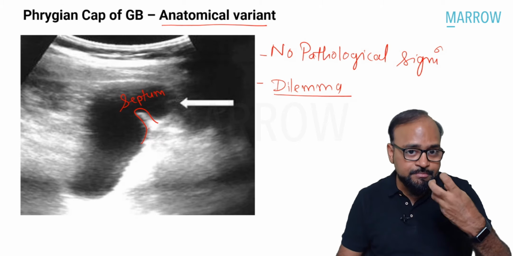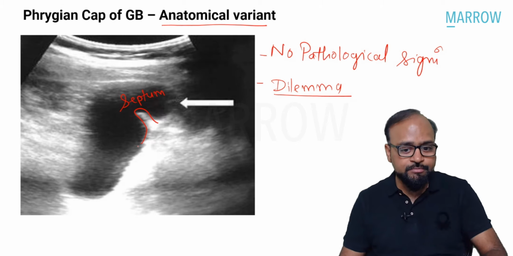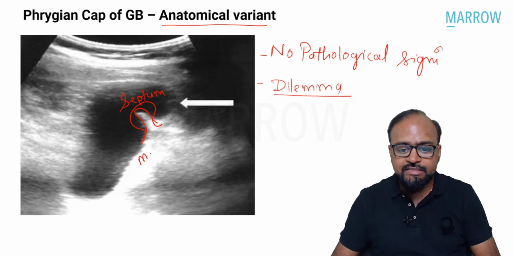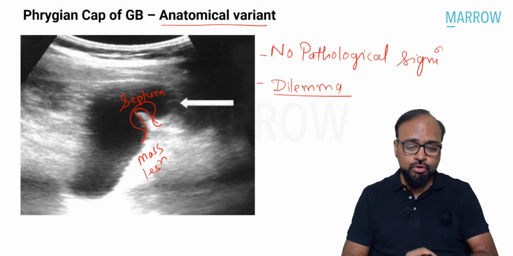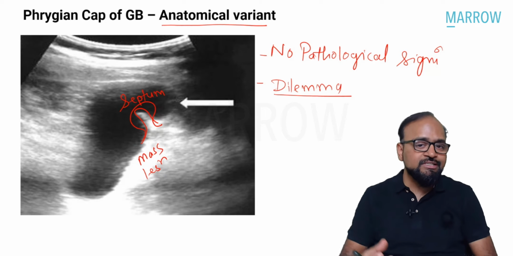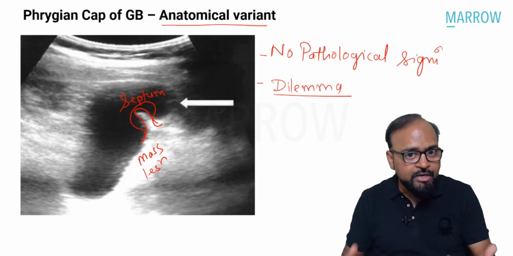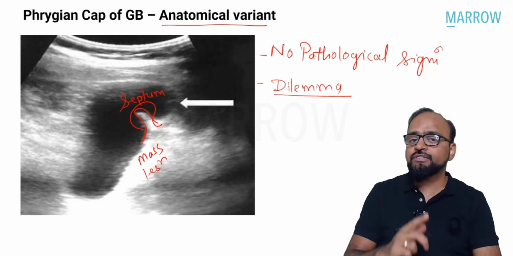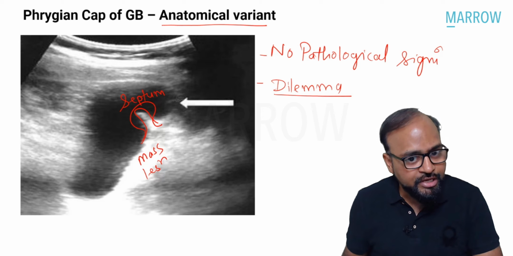Sometimes if the gallbladder wall becomes thick, this may be misinterpreted as a mass lesion along the wall of the gallbladder. So imaging wise, it is important to identify a Phrygian cap because it can sometimes mimic a septum or a mass lesion in the gallbladder and lead to a misdiagnosis. Therefore, it is important to be aware of a Phrygian cap.